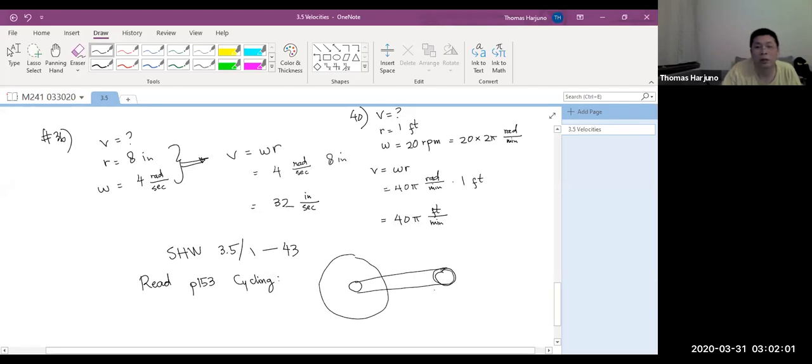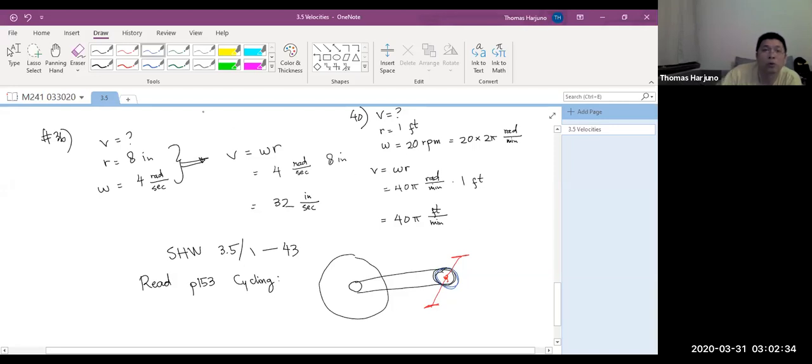Now, when we do pedaling, the pedal will be here. When we do pedaling, the angular velocity of my pedaling will be the same as the angular velocity of this thing here, the chain ring.